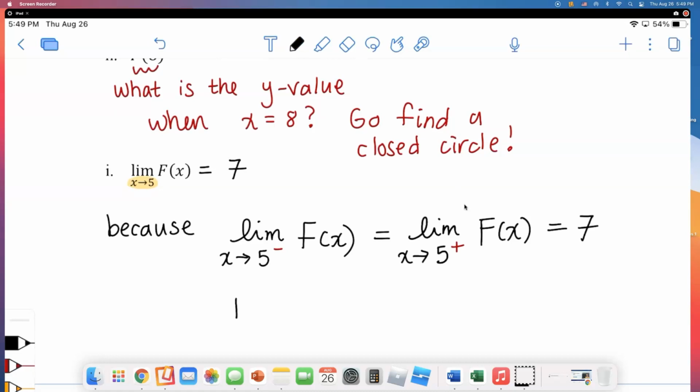Because the left-hand limit equals the right-hand limit, we get to say that the limit exists, the general limit exists, and that's the same as that number.